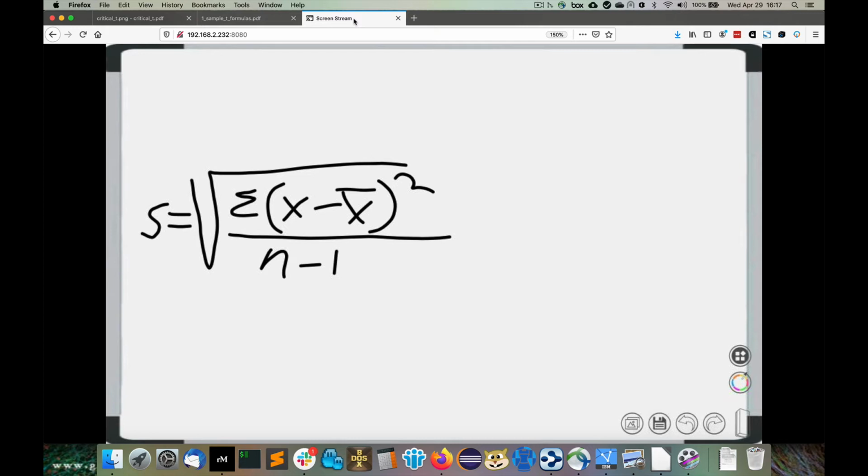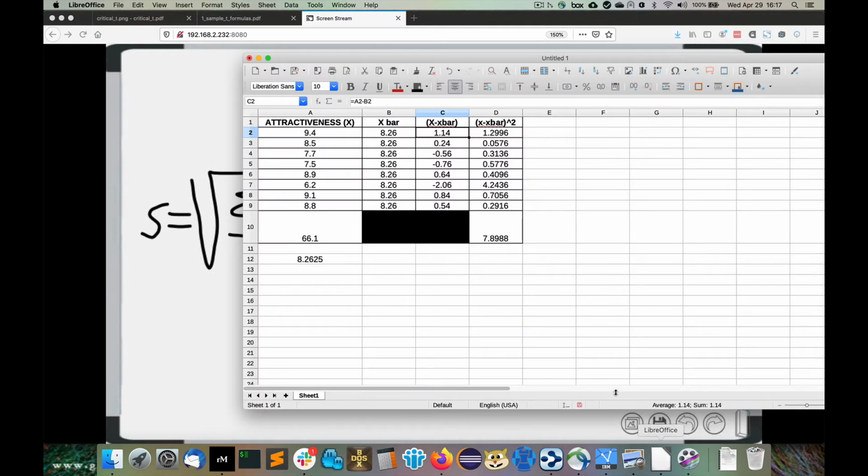Now we've already done the hard part. We've already calculated sigma x minus x bar squared, right? We did that on the table, and that is 7.9 rounded off. So you can say square root of 7.9, which is that number right here, 7.89 rounded off, divided by n minus 1, which is 8 minus 1, which is 7.